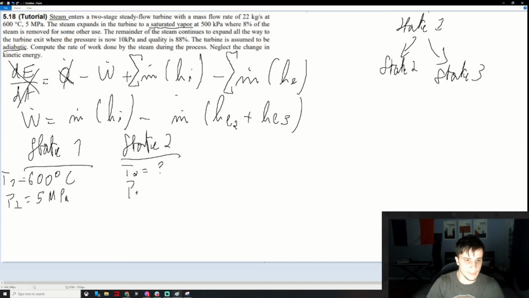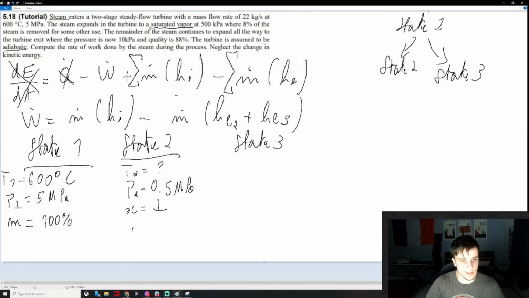P2 is 0.5 megapascal. But it is told the steam expands into saturated vapor, so quality is equal to 1. And state 3. And this, by the way, is mass of state 1, say it's like 100%. Mass of state 2, since 8% is being removed, is going to be 8% of the total mass, and let's call it total mass mT.